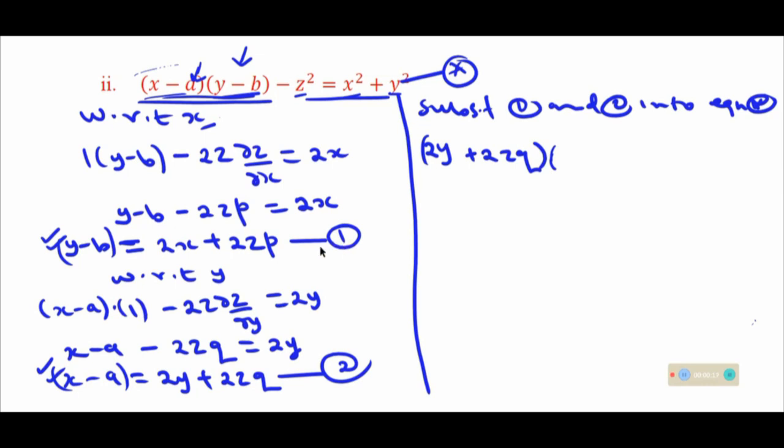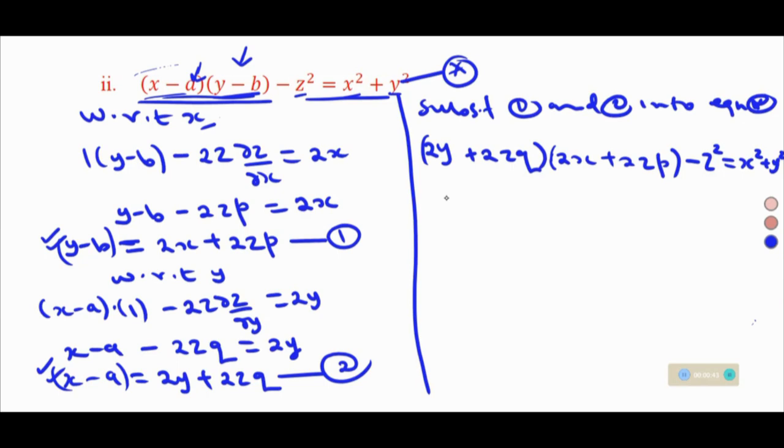So let us substitute y minus b and x minus a into equation star. Now doing so, we shall have 2y plus 2zq into y minus b is 2x plus 2zp. We are subtracting z squared, and this one should give us x squared plus y squared.